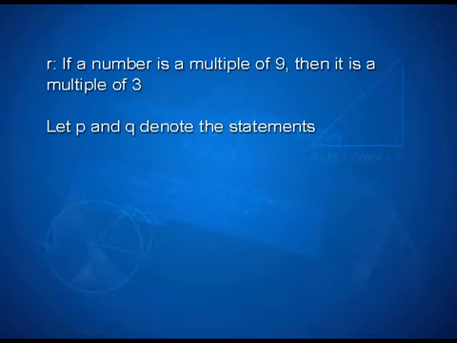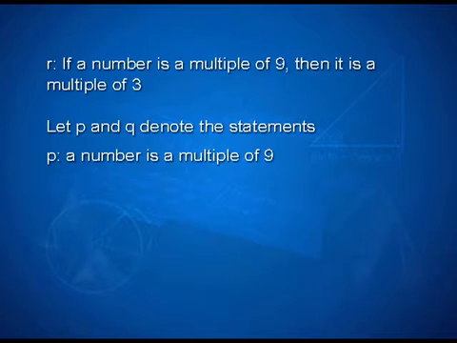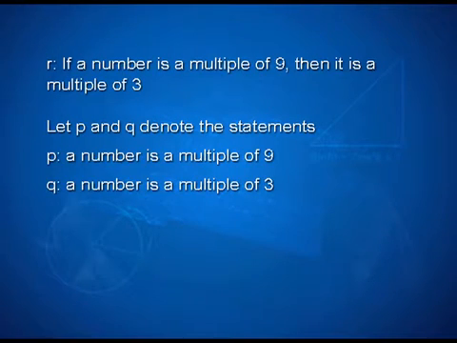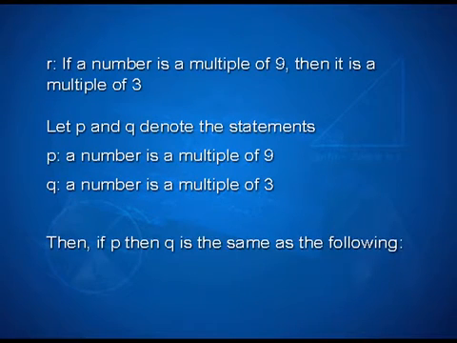Let P and Q denote the statements P: a number is a multiple of 9, Q: a number is a multiple of 3. Then if P then Q is the same as the following.